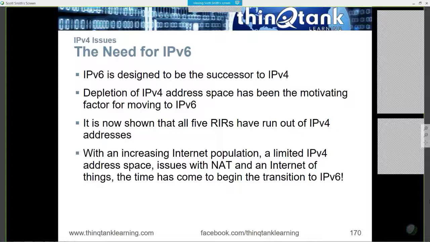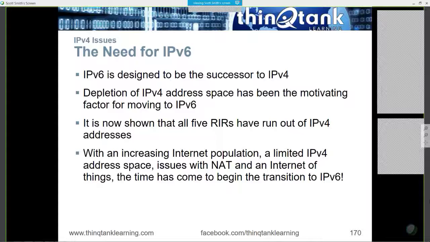Also, NAT, network address translation, was not really designed to be part of IP. NAT was a stopgap measure to stop the bleeding from IP addresses being depleted. Remember, IP didn't originally have NAT defined. We didn't have network address translation defined because we didn't have private addressing defined.